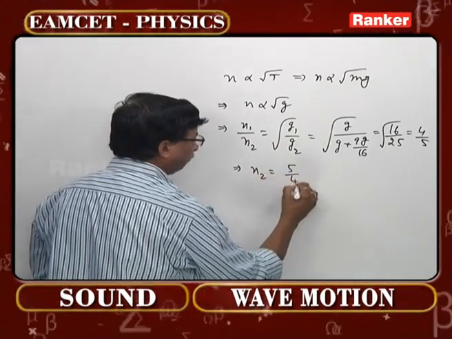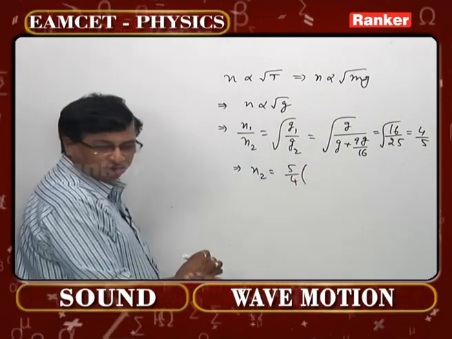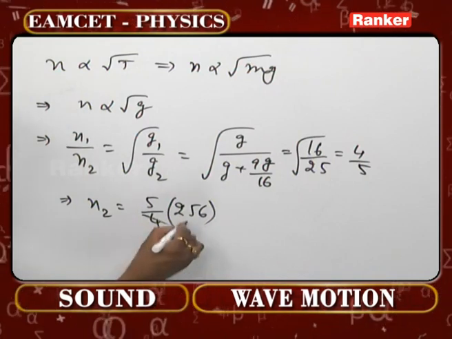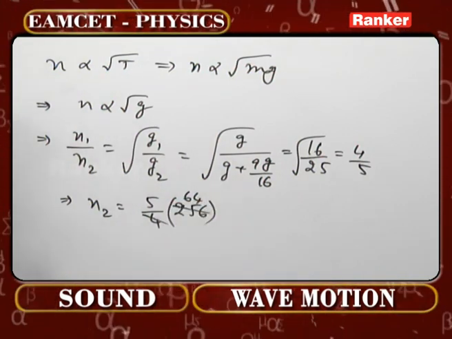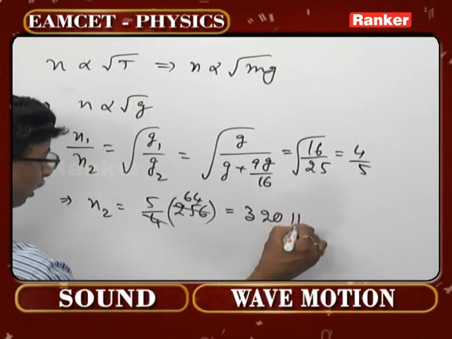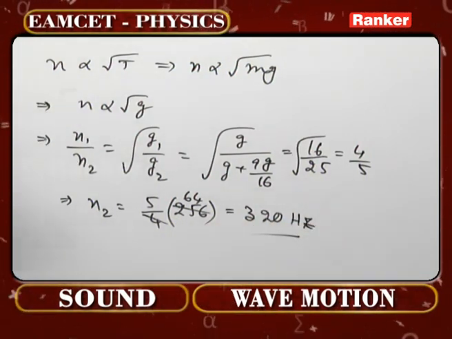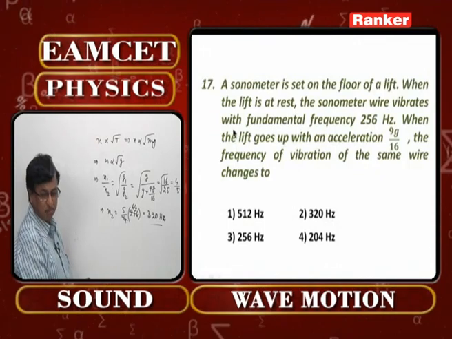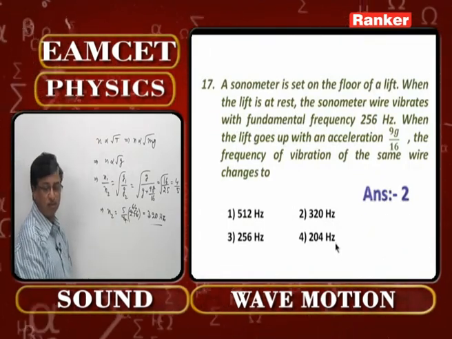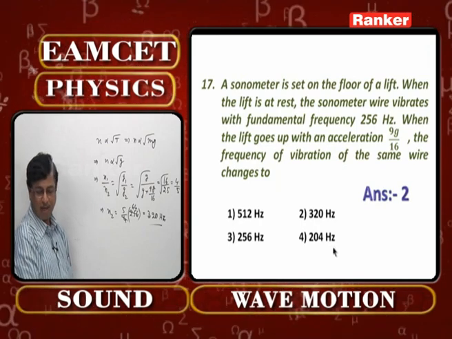It is 5 by 4 times N1. What is N1 that has been given? 256 is given. 4 cancels 64 times. Right. So it is 320 hertz, the corresponding answer. Look at option number 2, which has been given as 320 hertz for this question number 17.